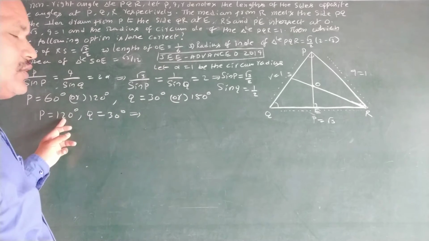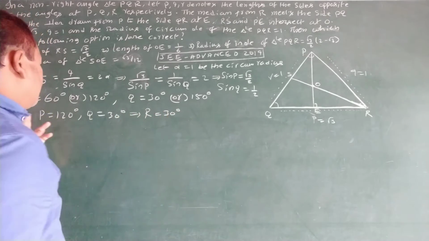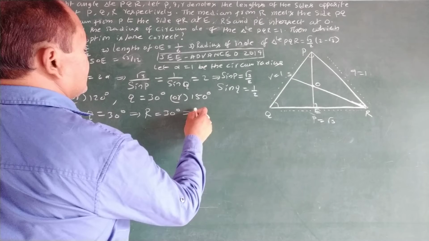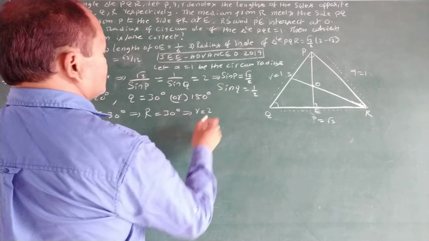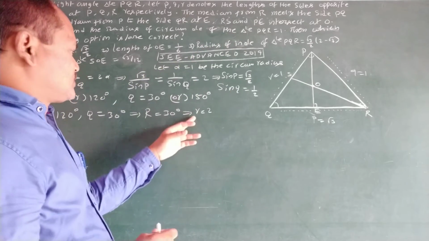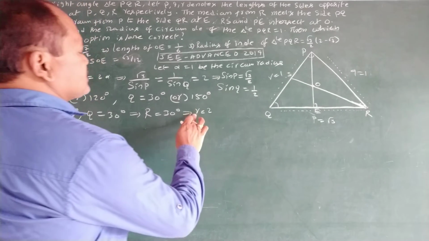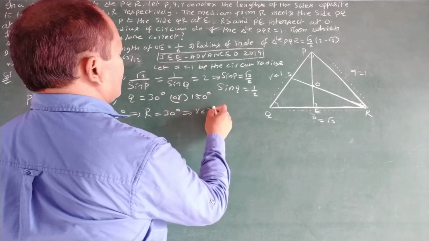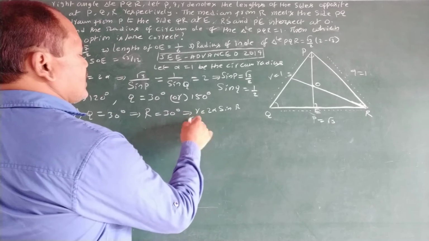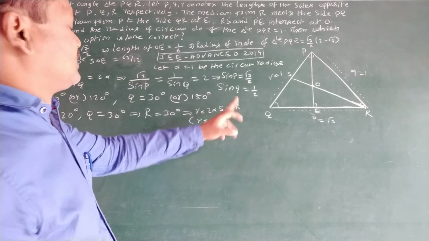Now if P is 120 and Q is 30, then what is R? R is also 30, since the sum of angles is 180. Now we have to find small r. From properties of triangles, small r is equal to 2 alpha sine of capital R. So small r is equal to 2 into alpha; alpha is 1 and sine 30 is 1 by 2.